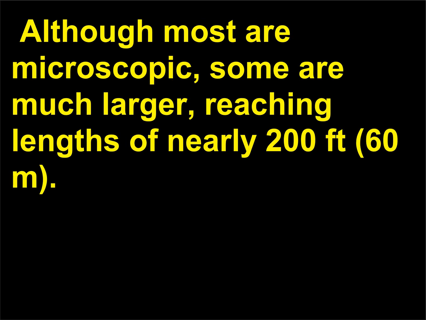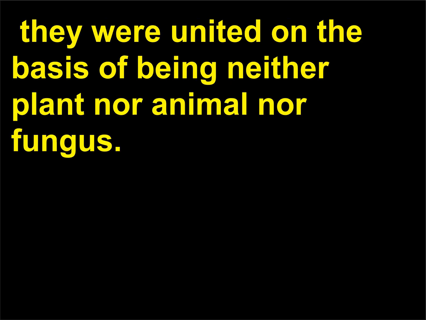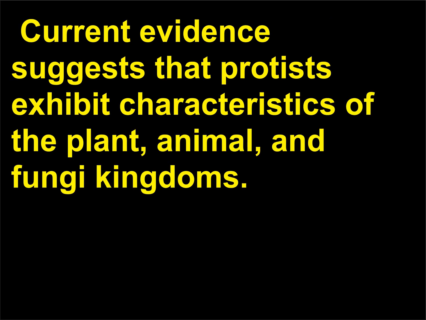Although most are microscopic, some are much larger, reaching lengths of nearly 200 feet (60 meters). In early, traditional taxonomic schemes, they were united on the basis of being neither plant nor animal nor fungus. Current evidence suggests that protists exhibit characteristics of the plant, animal, and fungi kingdoms.